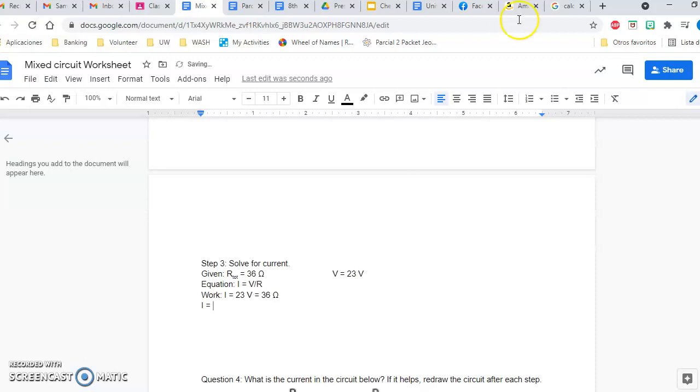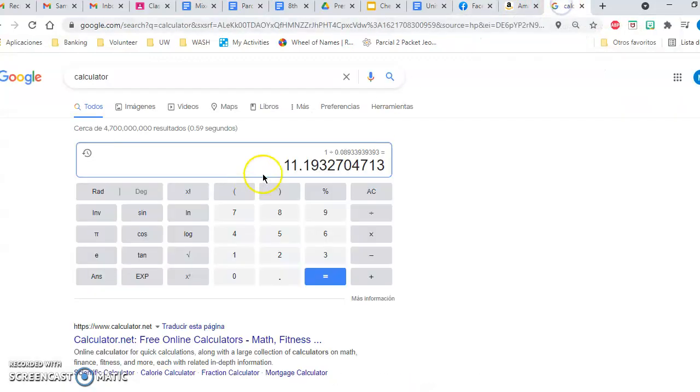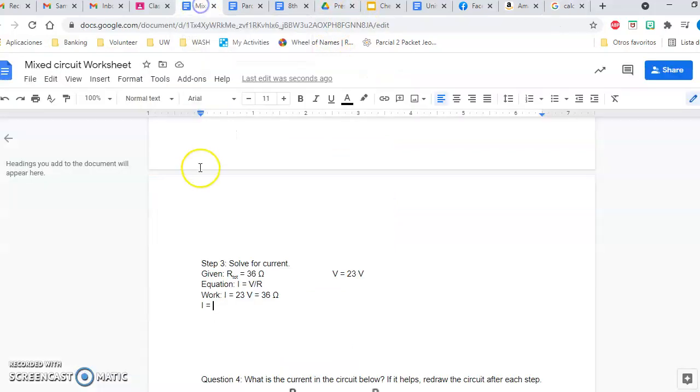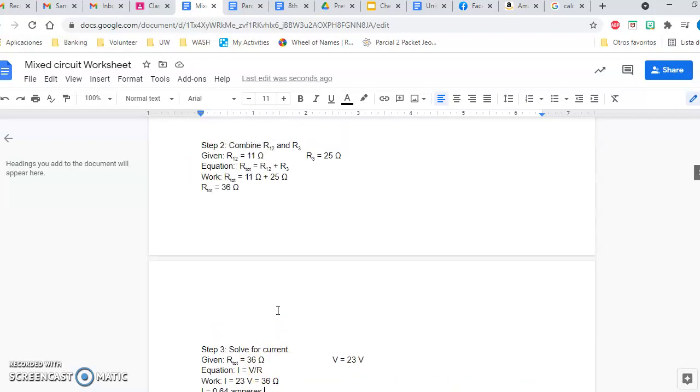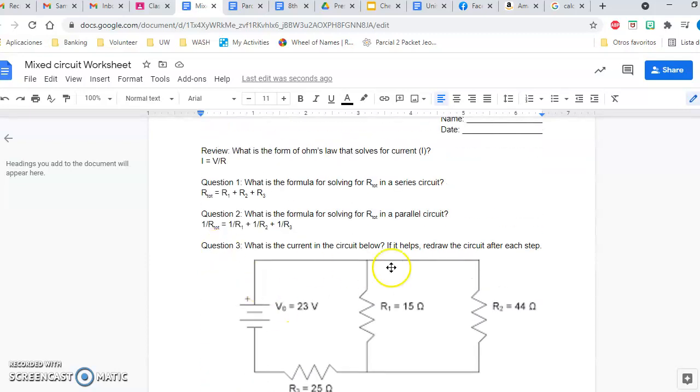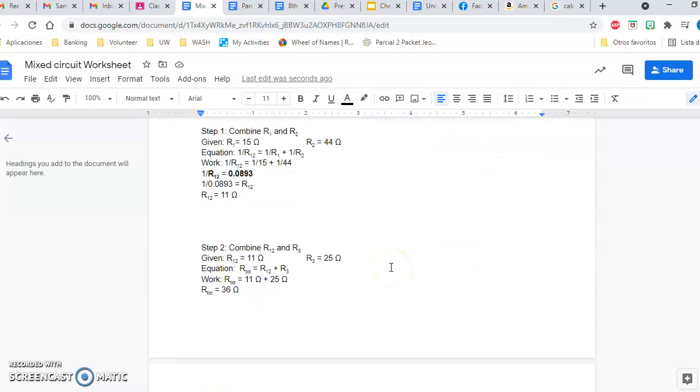And so that means 23 divided by 36, 0.64 would be our current. And I'm going to call it amperes because that's what we measure our current in. So that's how we do question number 3 in each of these different steps.